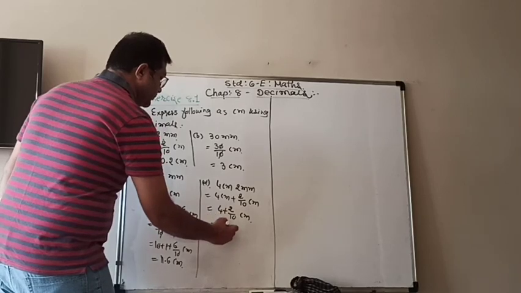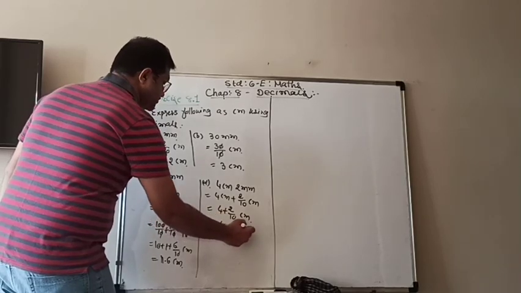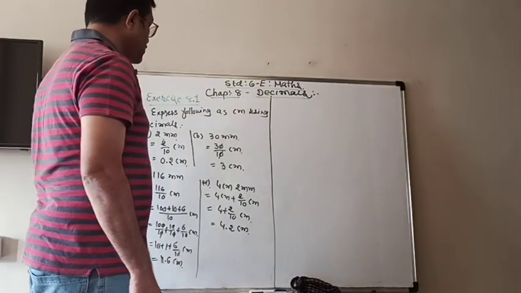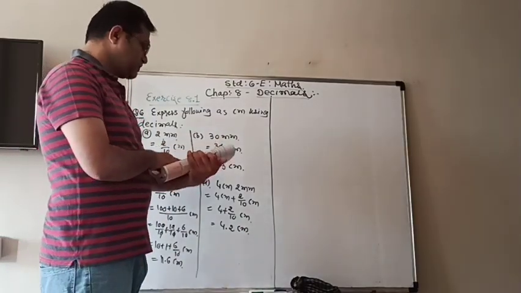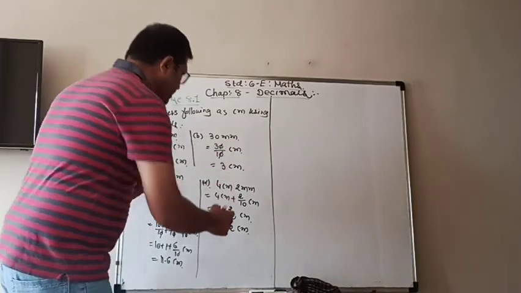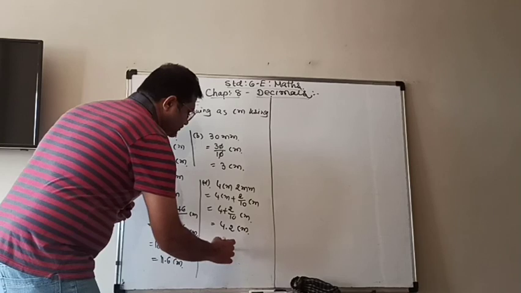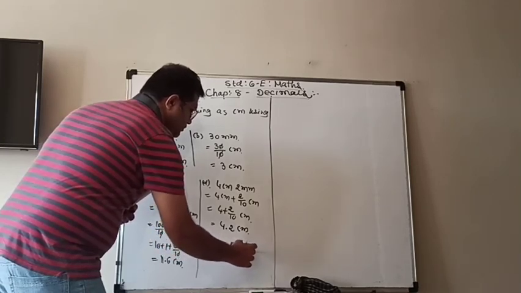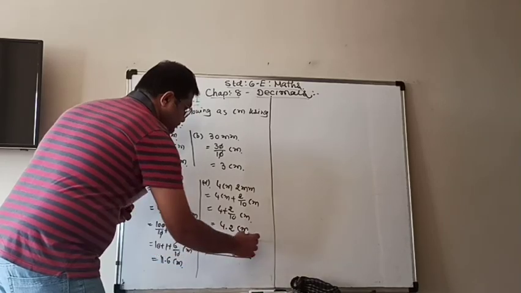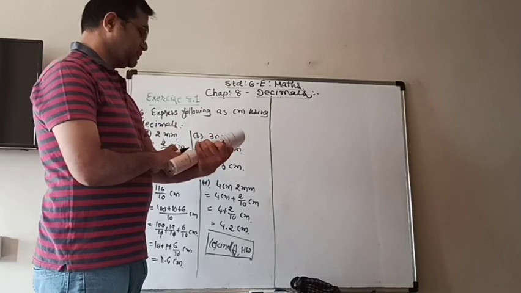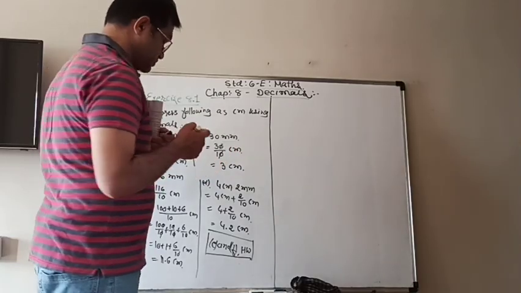It means 4.2 centimeter because 2 upon 10 is 0.2. So it is 4.2 centimeter. Now E and F you can write down yourself because they are very simple. Like that you have to follow this type of situation, you will be able.